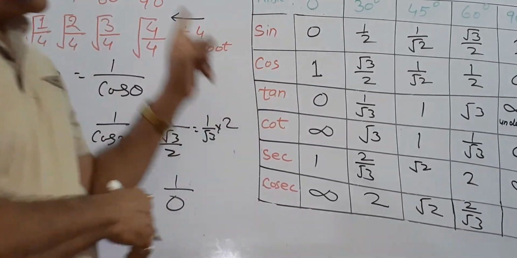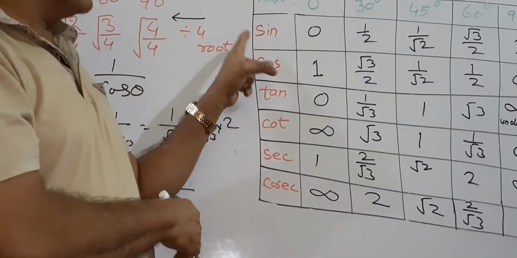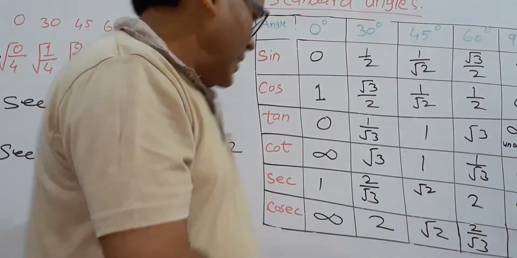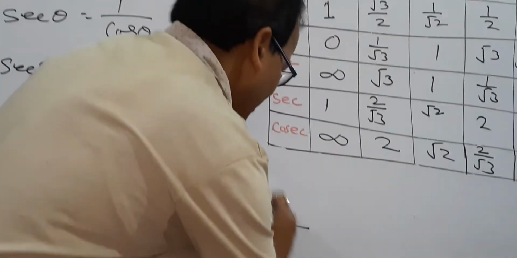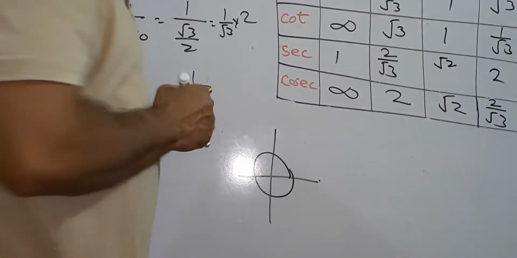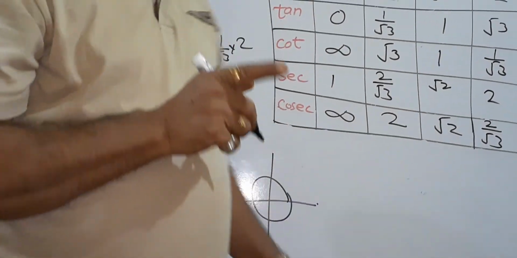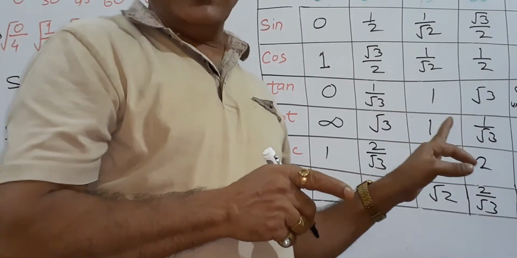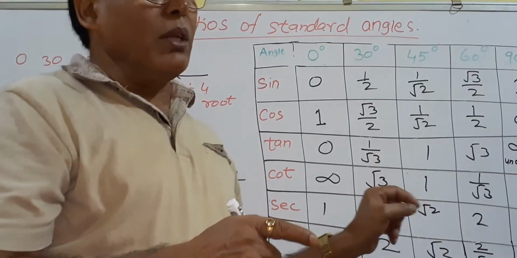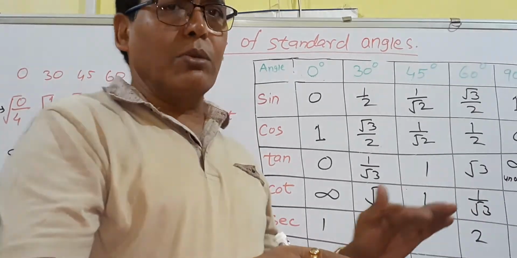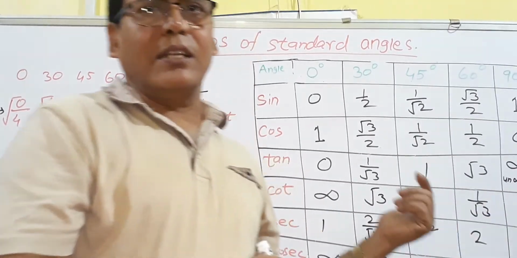Another thing to remember about sine and cos values: look here, starting from 0 and 1. Even if you take the horizontal line from 0 to 360, the value will be from -1 to +1. The numerical value of sine and cos will be between -1 and +1. It will not go beyond +1 or lesser than -1.